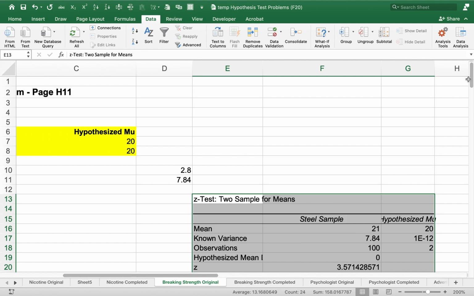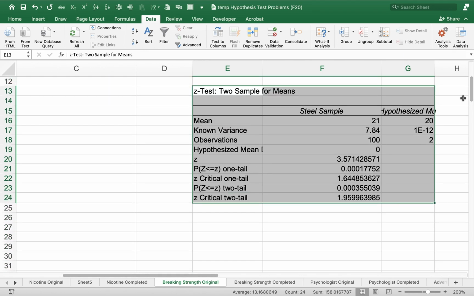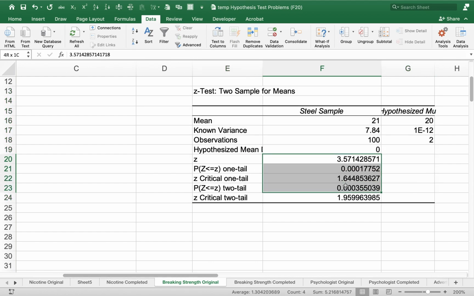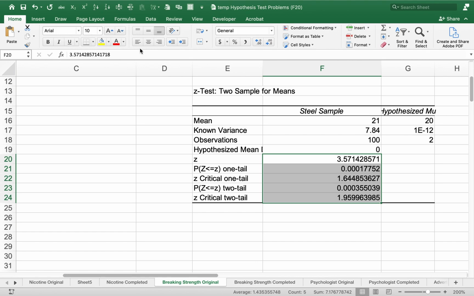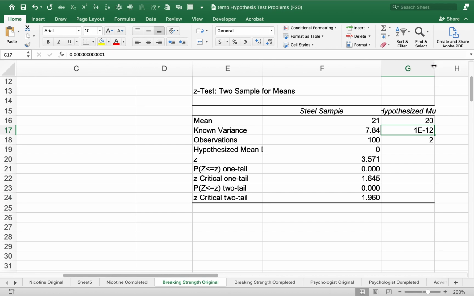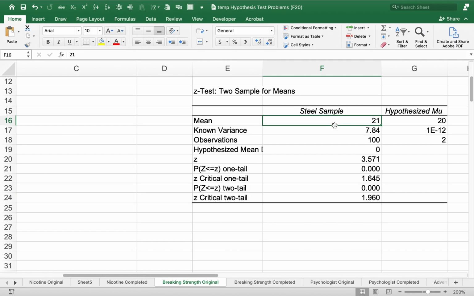I'm going to take these down. All right, so here is your X bar value.